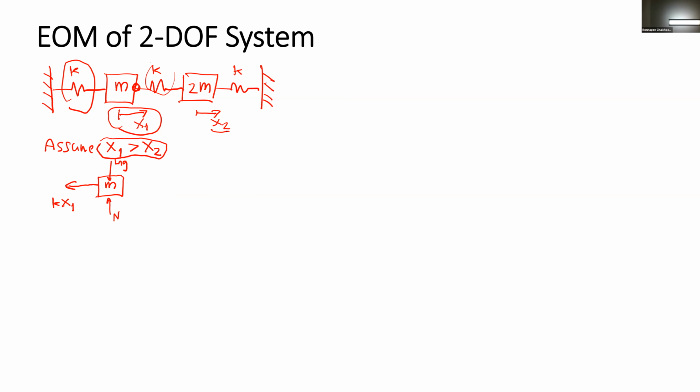So in this condition, the spring is under compression, which means the force here also resists the motion because x1 is bigger than x2. So the direction of the spring force is toward the left side. So the spring force will equal the spring constant multiplied by the relative displacement x1 minus x2.